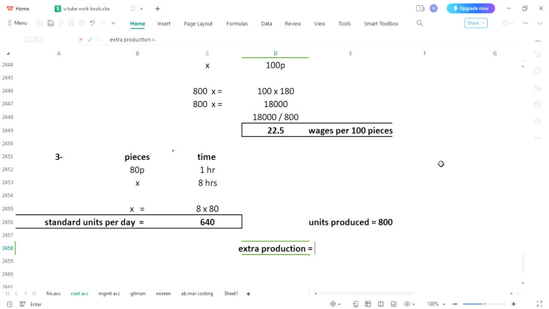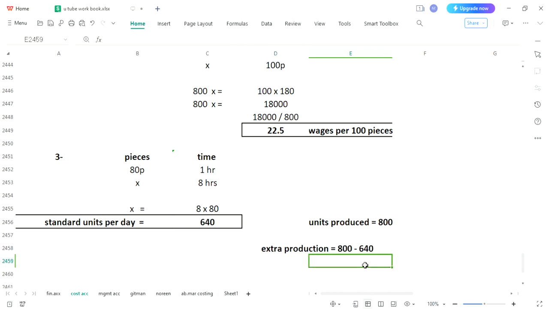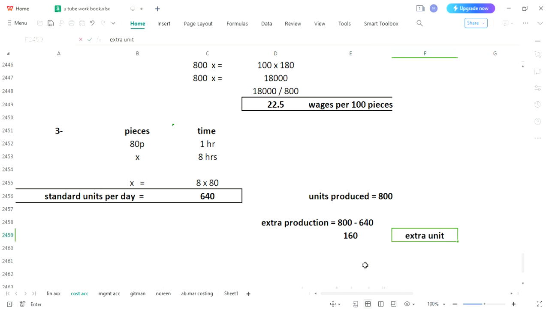We have 800 units produced while the standard was 640. In this way we can calculate the extra production which is made by the said worker. We will simply calculate 800 minus 640. So this is our extra units produced by the worker.